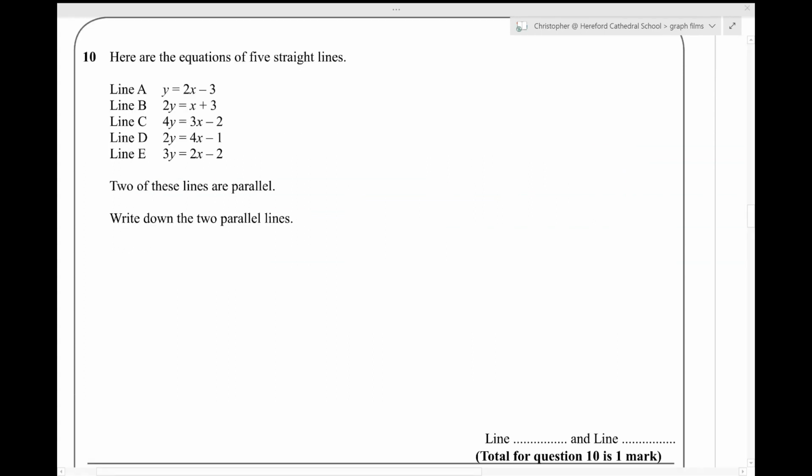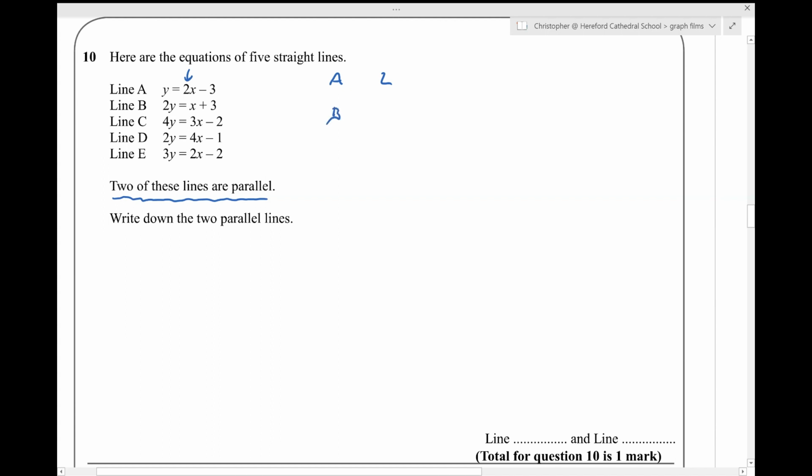Question 10. Here are the equations of 5 straight lines. 2 of the lines are parallel. Write down the 2 parallel lines. So I'm looking for the 2 lines which have the same gradient, so I really need to work out the gradient of each of these lines. Line A has a gradient of 2. I can simply read that off because it's y equals 2x.